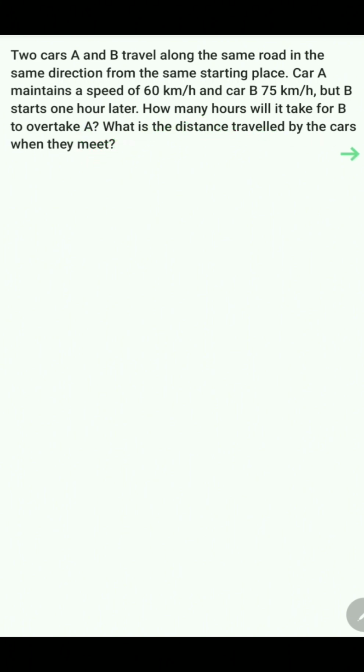So let us look at the time it will take for car B to overtake car A. We are going to let that time be equal to t.